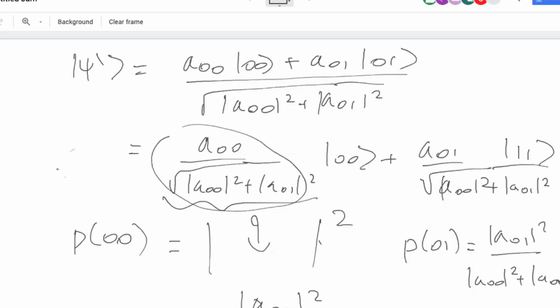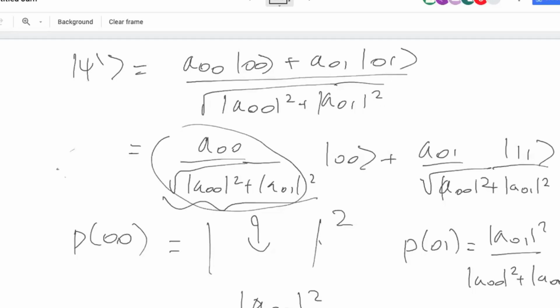What happens then is that, to understand the probability of getting 0 in the first qubit, I look at the terms in the 2-qubit state that have a 0 in the first coordinate. Then I take the magnitude squared of the amplitudes corresponding to those terms.